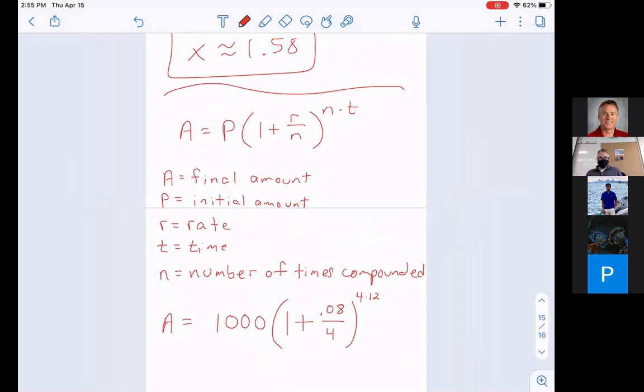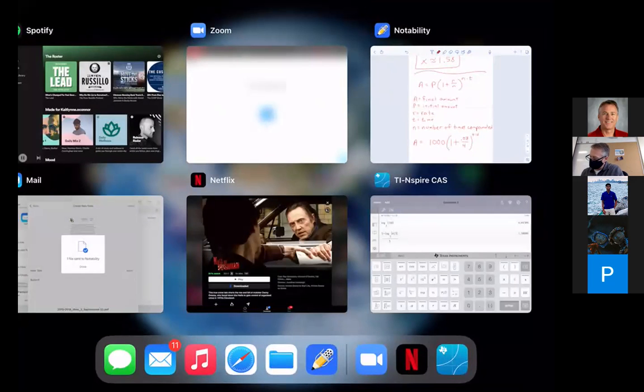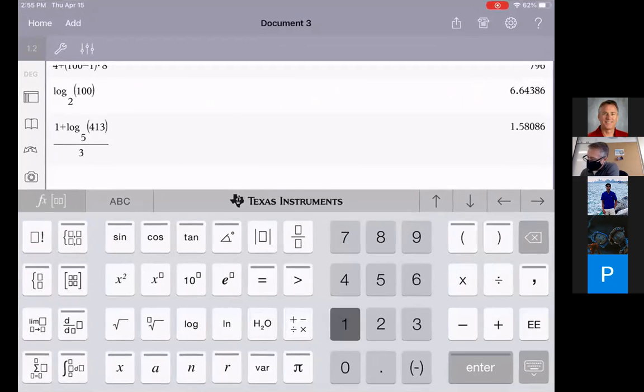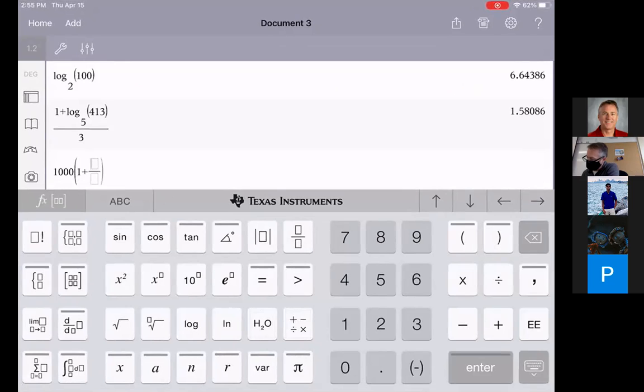So now if we just want to figure this out, I'm going to plug that into my calculator. All right, I've got my initial investment of $1,000. And I'm going to multiply that times 1 plus, I'm going to make a fraction here. My top is 0.08.